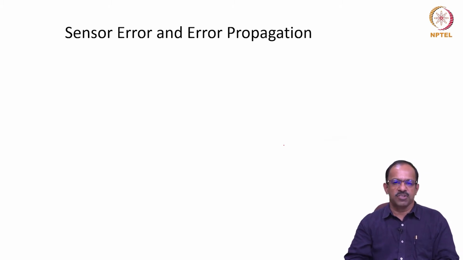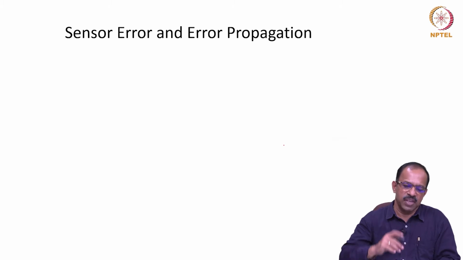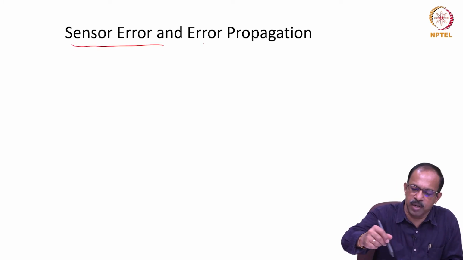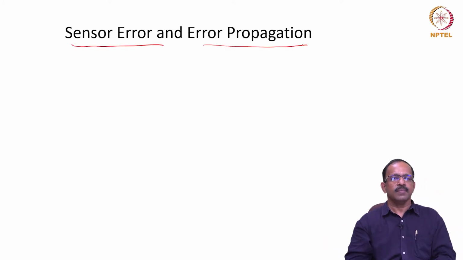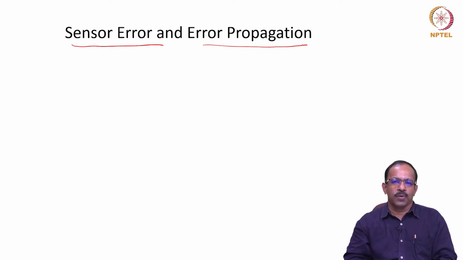But before closing the discussion on sensors, I just want to highlight one important point which I already mentioned a few times, about the sensor error and the error propagation. As I mentioned, there can be errors which can be compensated using calibration, and there are random errors which cannot really be modeled or predicted.